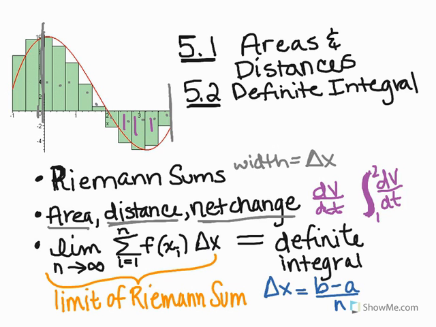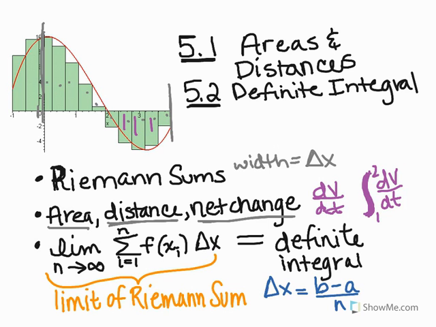The integral of that dV dt from 1 to 2 will be the volume of water added to the cup during that time. So it's the net change. If you're also sucking water out of that cup with a straw at the same time that you're adding water, the net change is going to take into account that adding and subtracting. dV dt is also going to take that into account. So that's a little idea about why we use integrals and how they're useful.